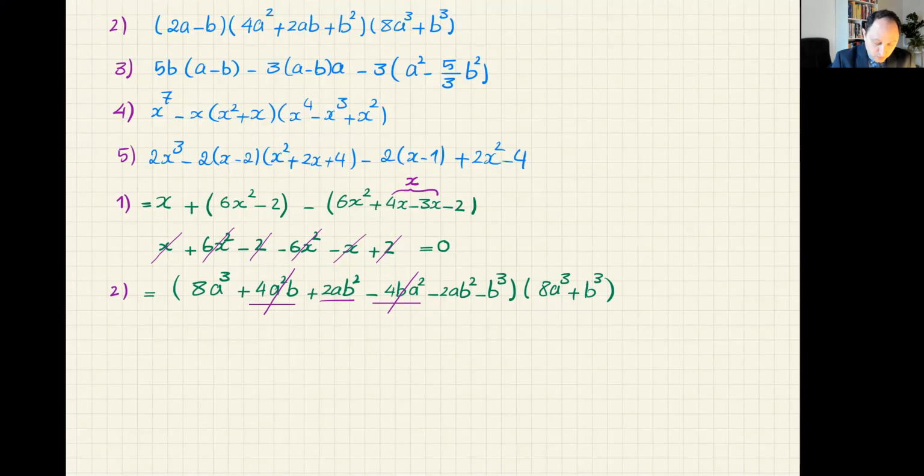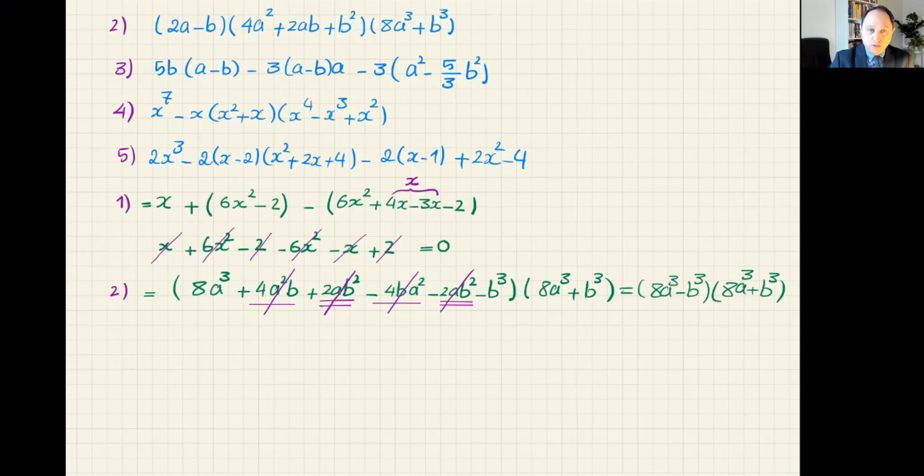This one is also similar to this one, and opposite, so it means that this is also simply cancelled out. So from the whole expression here, only 2 terms survive. One of them is this one, the other one is this one. Let me just repeat it. So this becomes 8a to the 3 minus b to the 3, and then you multiply it by 8a to the 3 plus b to the 3.